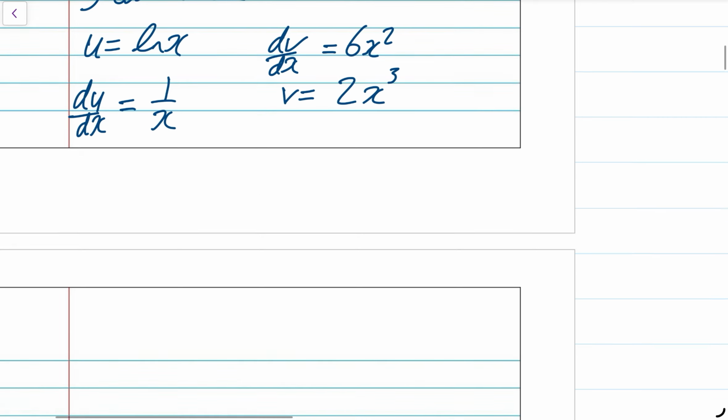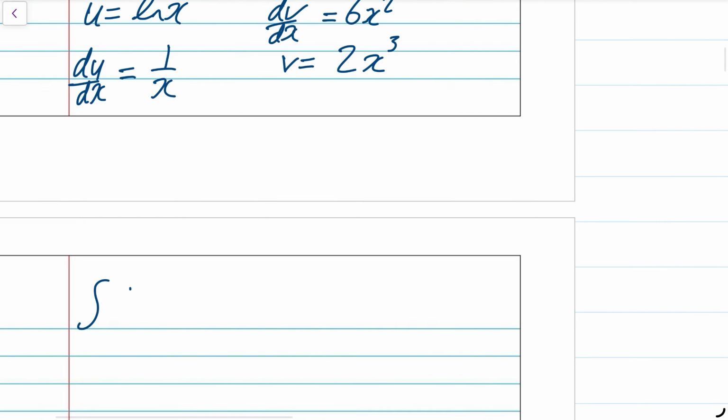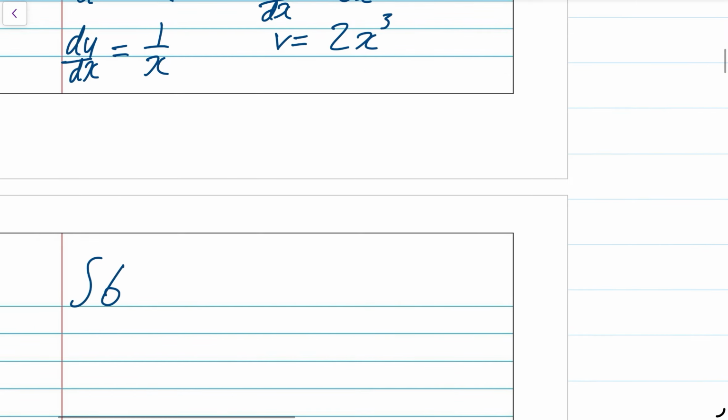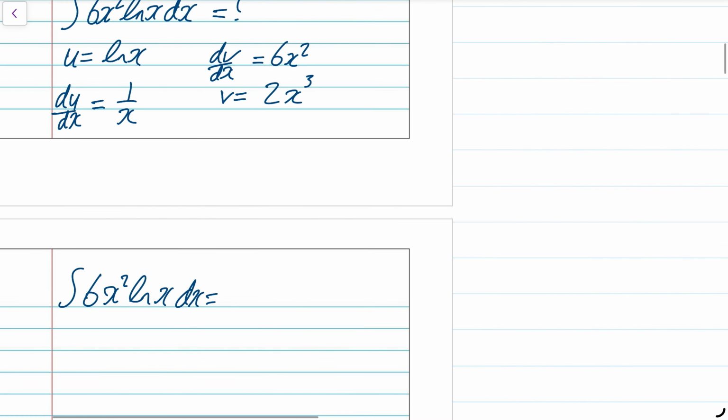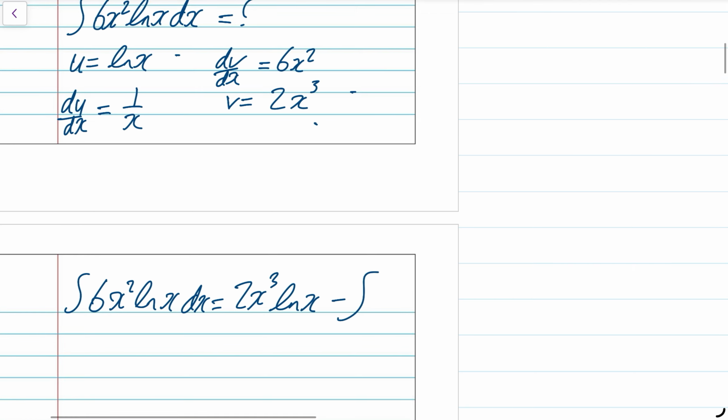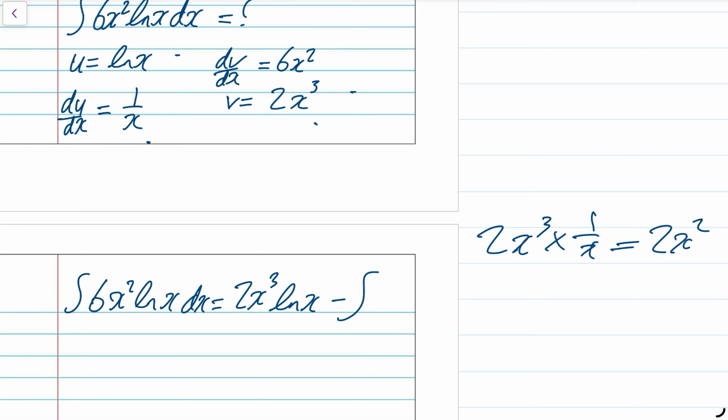Now, let me write that down again: the integral of 6x squared ln of x dx is my u times my v, so that's going to be 2x cubed times ln of x, then minus the integral of my v times du, so 2x cubed times 1 over x, that's just going to be 2x squared. So it's 2x squared dx.